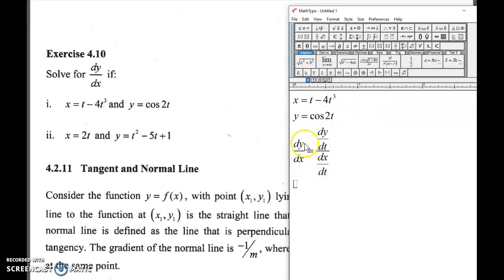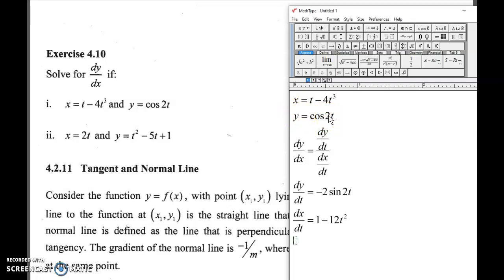This will be the formula that we're going to use. We need to know dy over dt and dx over dt. We have x in terms of t and y in terms of t, so we can directly look for this information. dy over dt is equal to negative 2 sine 2t.